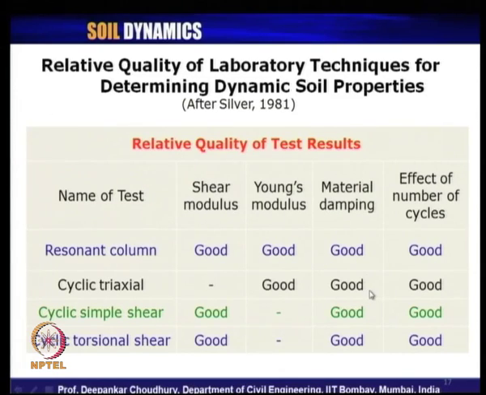Material damping is a good representation, and the effect of number of cycles is also good. In cyclic simple shear, shear modulus we are measuring directly, that is good, material damping is also good and number of cycles is good. In cyclic torsional shear also, directly we can get the shear modulus and material damping, and the effect of number of cycles is also good on the test.